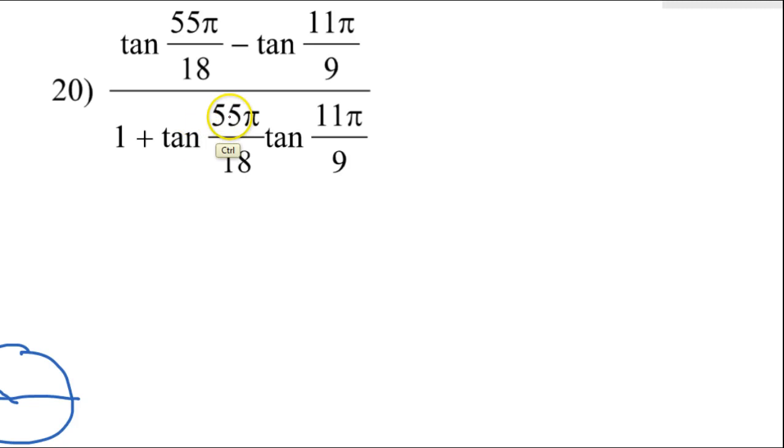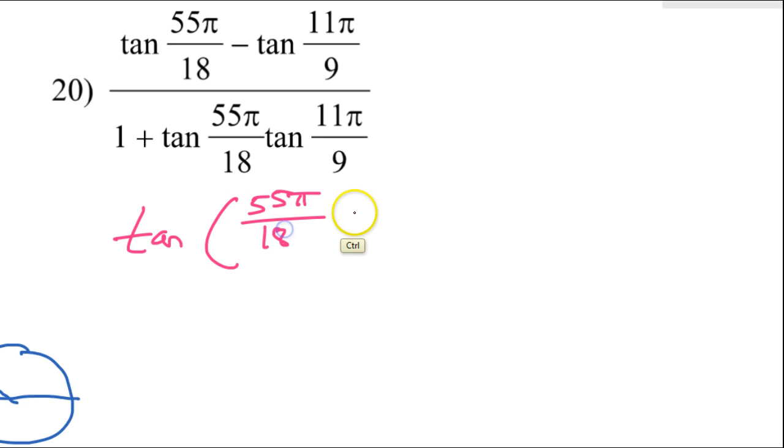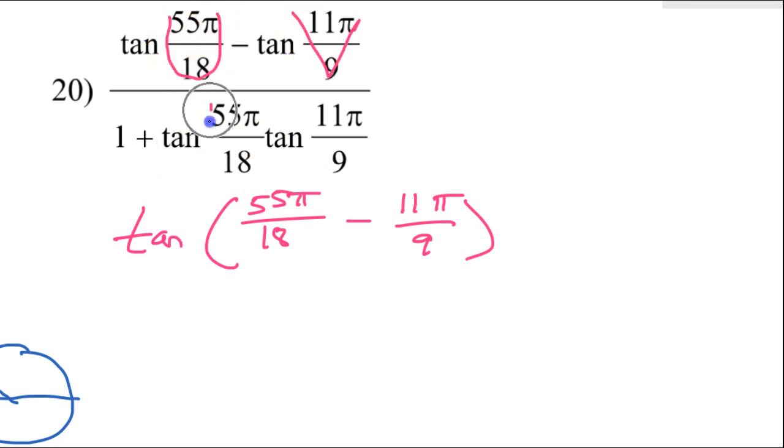Okay, number 20 is basically the same problem, so I'm going to do it a little bit faster. This is the same thing as the tangent of 55 pi over 18 minus 11 pi over 9. It's just like the previous problem, except now this is u and this is v.